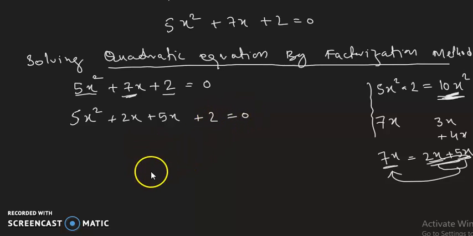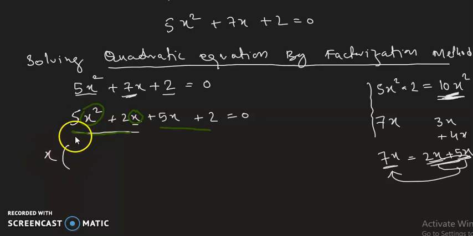Now here things become very simple. Now we see that in these two terms x is common. What is common? x. We can take x common from this. One big term is this and the other is this one, so we will take x common here.